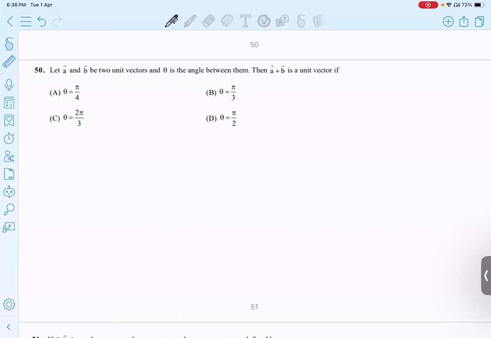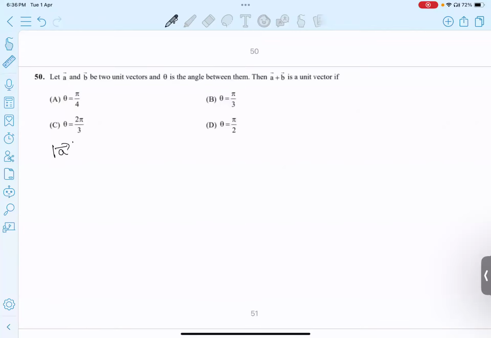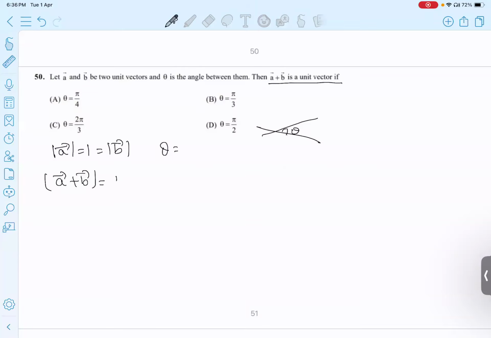If A vector and B vector are two unit vectors, clearly they have mentioned the A vector magnitude and B vector magnitude is 1, and theta is the angle between them. Then A plus B is a unit vector if, so A vector plus B vector magnitude will be 1, for what value of theta is the question.